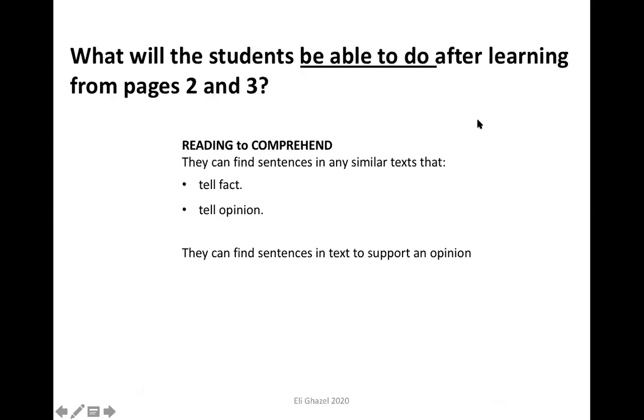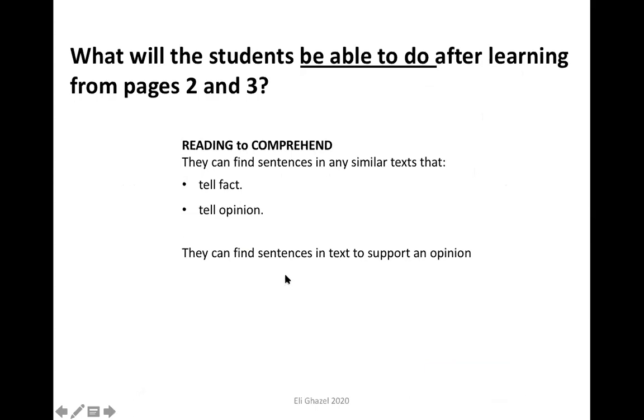However, what the students will be able to do after learning is another important aspect of the design. The focus here is going to be on reading to comprehend. So how do we know that they're comprehending? They can find sentences in any similar text, not just these texts in the book, that tell fact, that tell opinion.